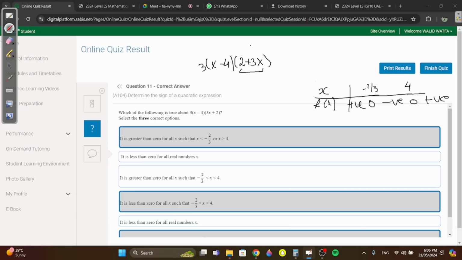Because 2 plus 3x is the same as 2 minus 3x... or wait, am I tweaking? Yeah, it's the same as 2 plus 3x. Anyway, if you have the x as the second number, that also means your quadratic is negative.